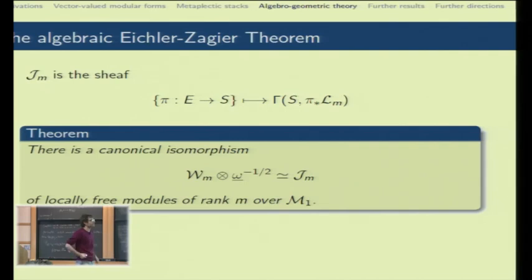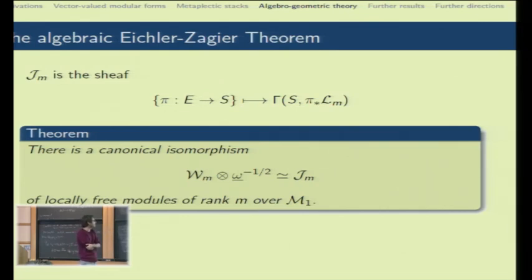But here is really what I consider the fundamental theorem about this whole business, the most important result that I get. Remember that you have this Jm, this sheaf of Jacobi forms, obtained by taking the sections of Lm over the base. That's where Mumford's algebraic theta functions live.